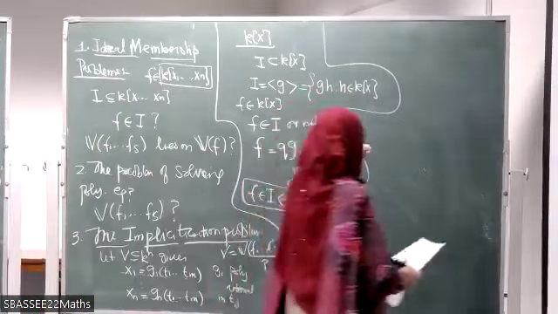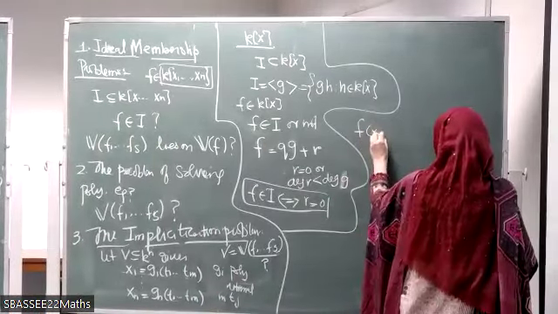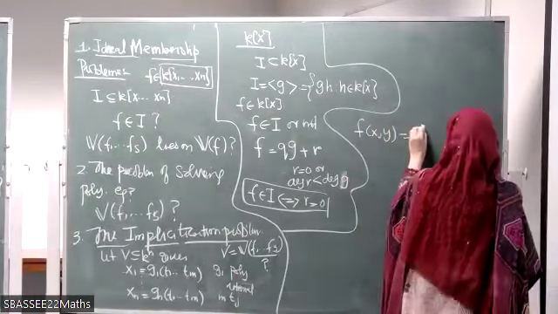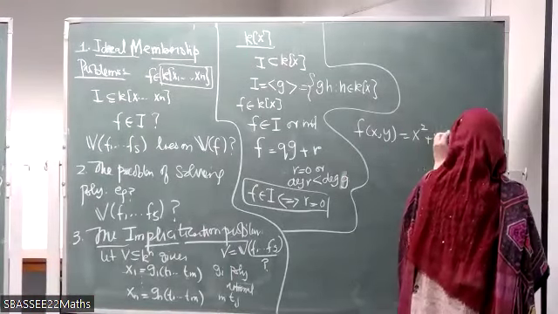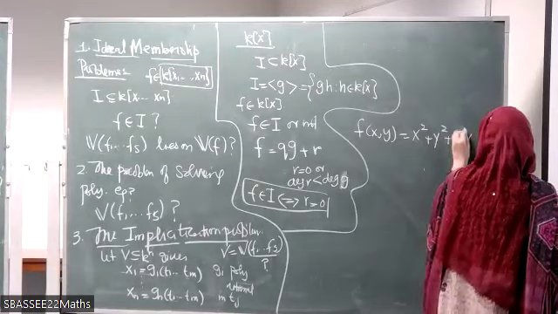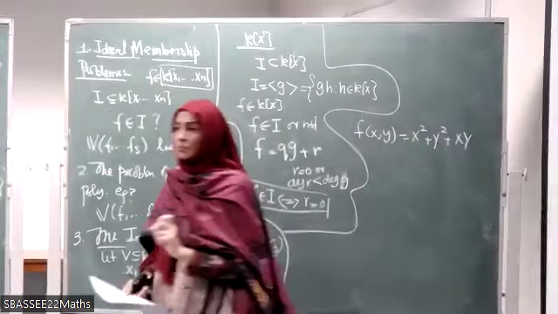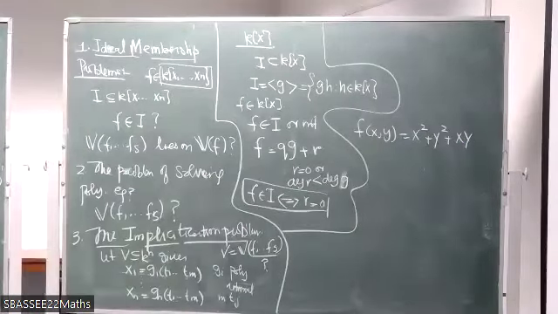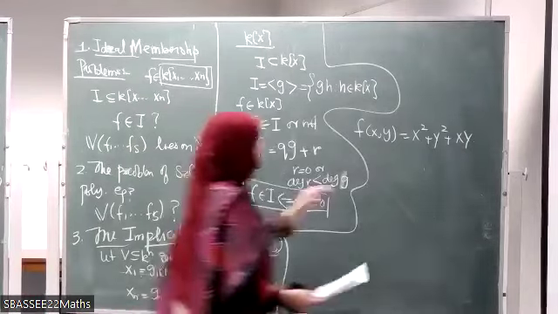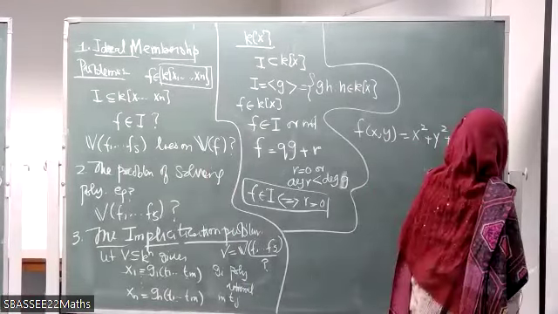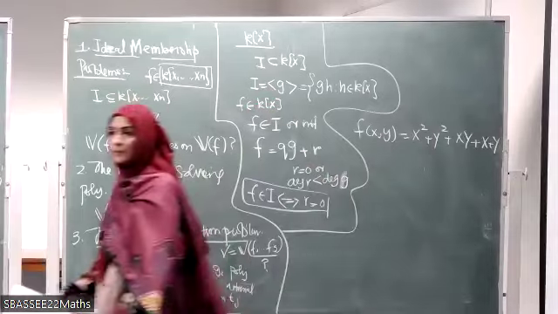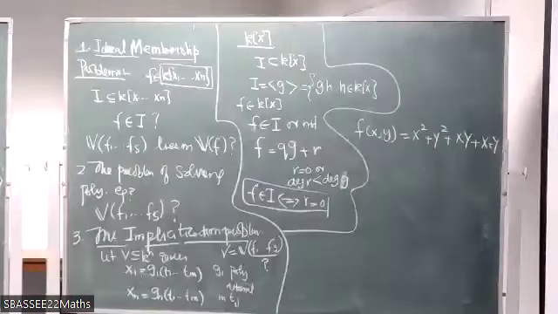But if you have a polynomial in two variables, for example, this one, you know the degree is 2. This polynomial has degree 2, not necessarily homogeneous, but I had some other terms here. So I know that the degree of this polynomial is 2.